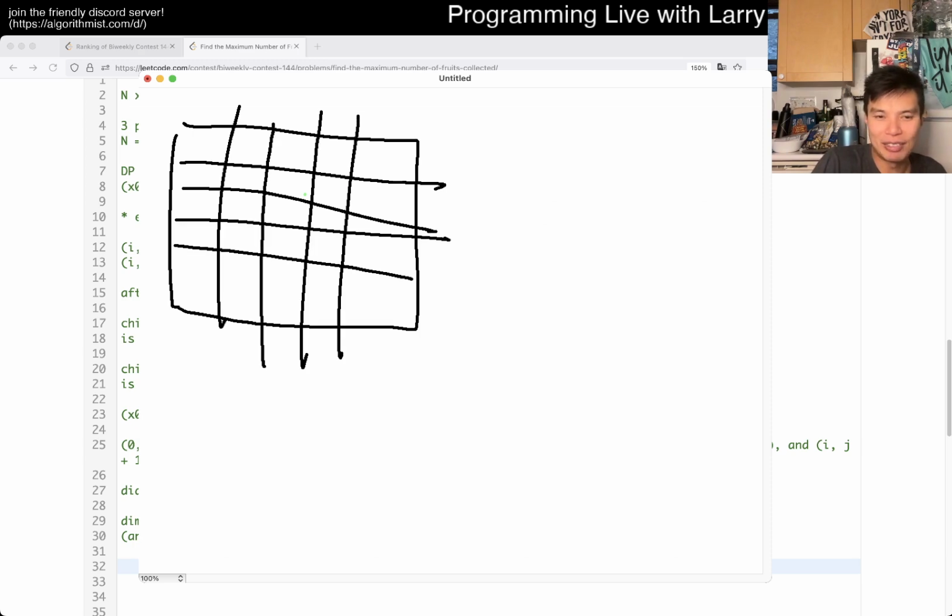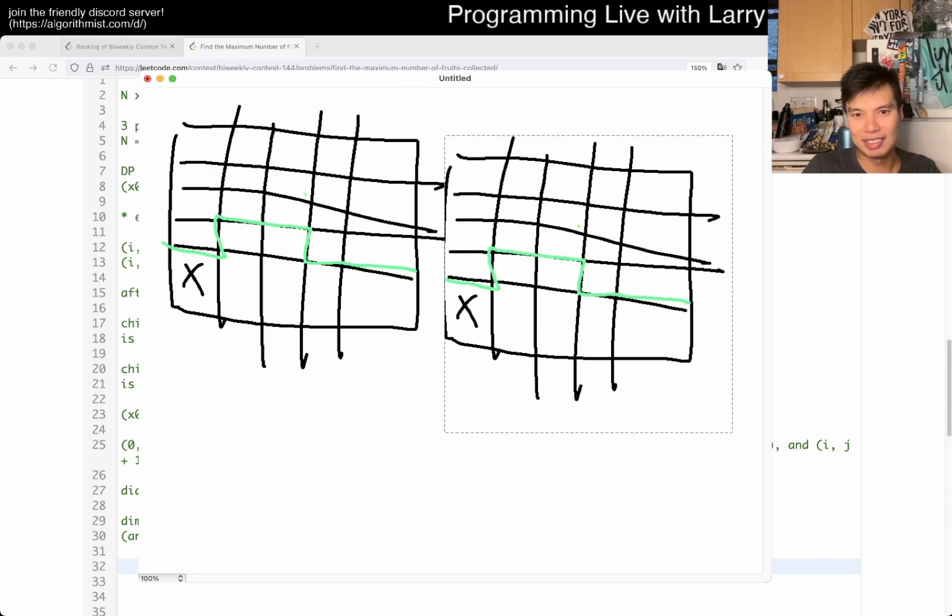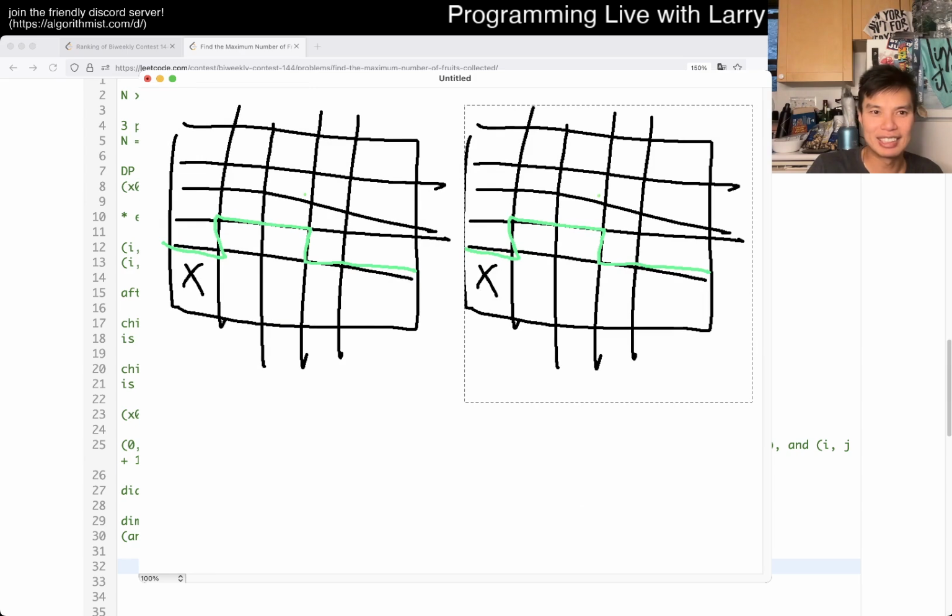So we have this, we can only go, let me actually just draw the box, right? We can only go here and technically here, right?